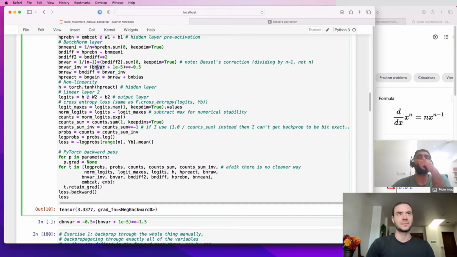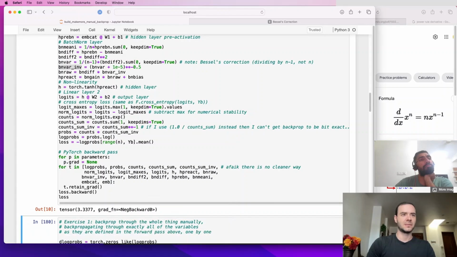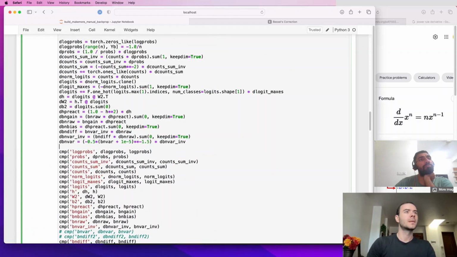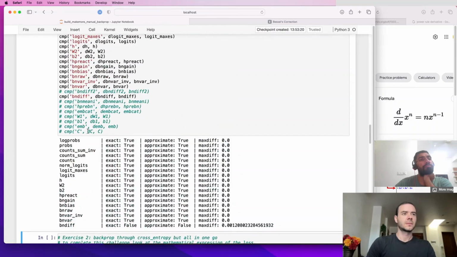And so there's nothing to do there. So this is the local derivative, and then times the global derivative to create the chain rule. This is just times the Bn var. So this is our candidate. Let me bring this down and uncomment the check. And we see that we have the correct result.